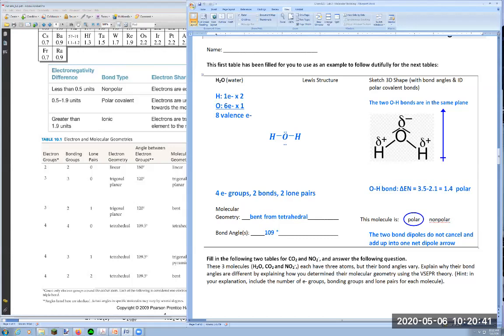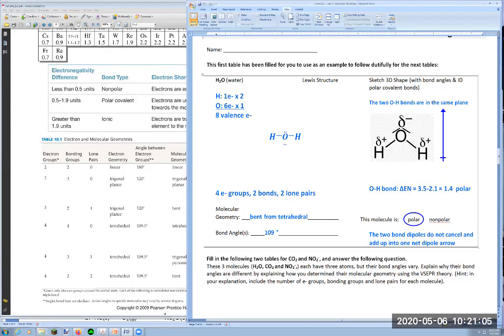Once you've done the shape of the molecule, you need to sketch that shape. Remember that we always try to put as many bonds in the plane as we can. Here the water molecule is bent, and so all 3 atoms can be in the same paper plane.